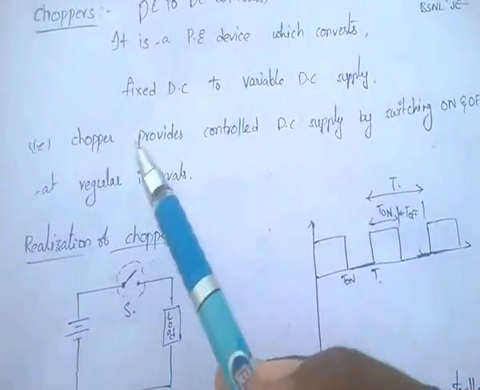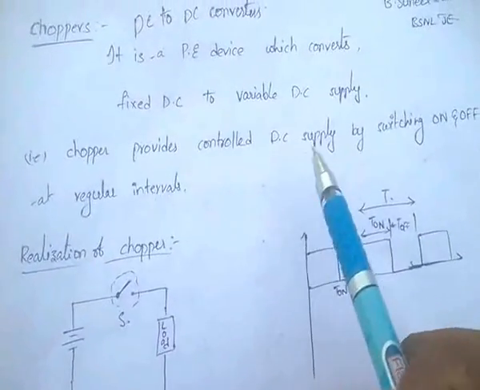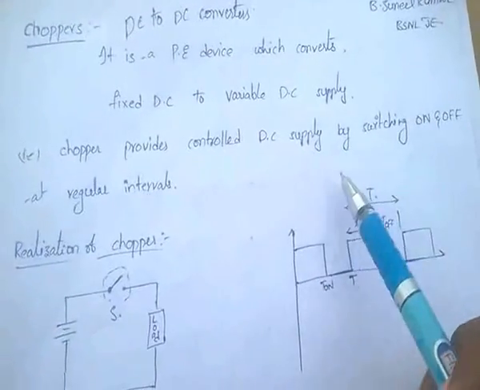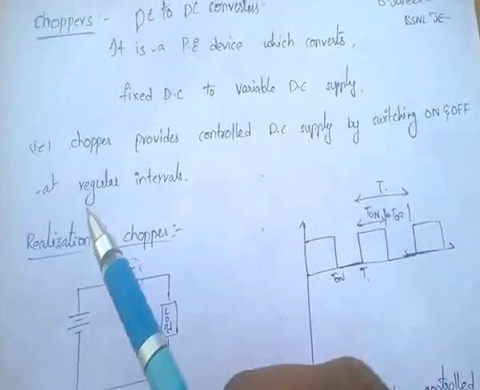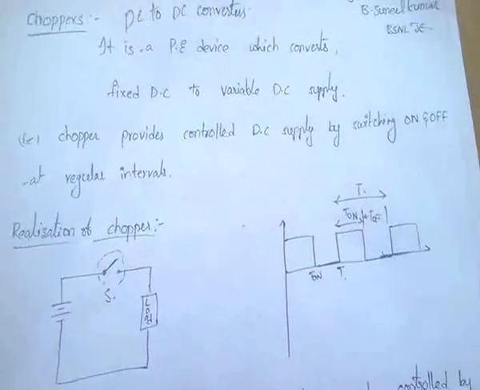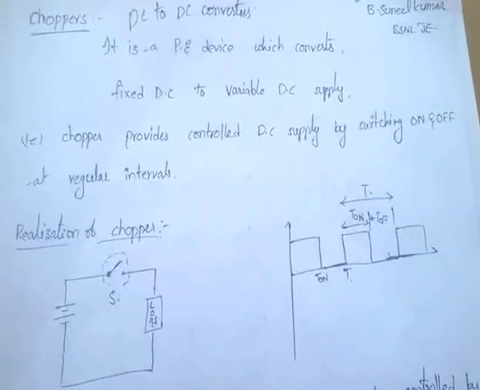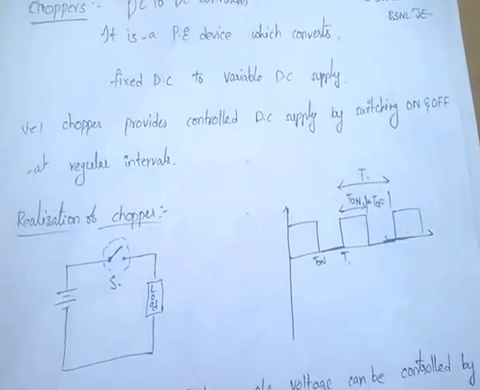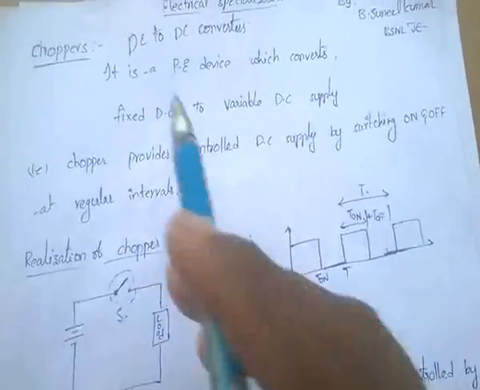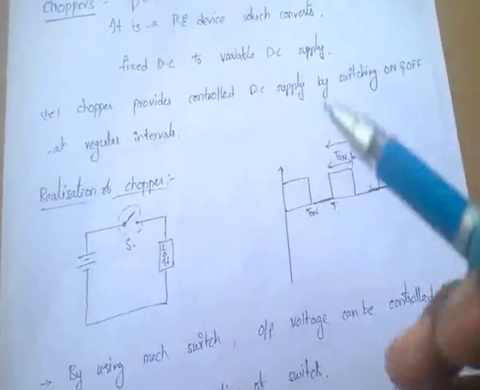Coming to this chopper, the chopper provides controlled DC supply by switching on and off at regular intervals. I will explain this chopper circuit phenomena clearly.